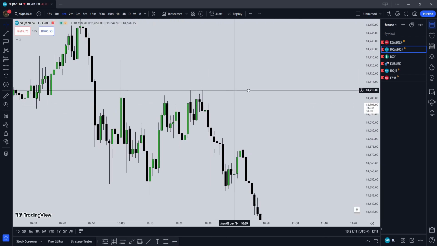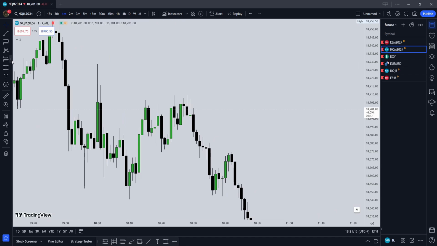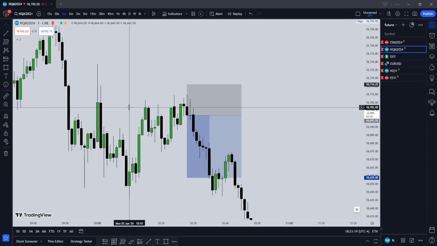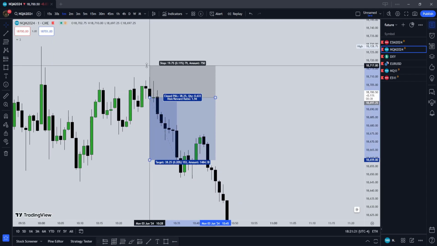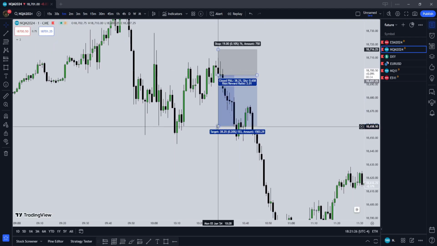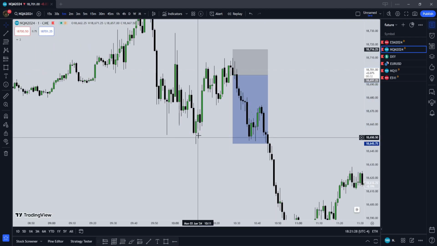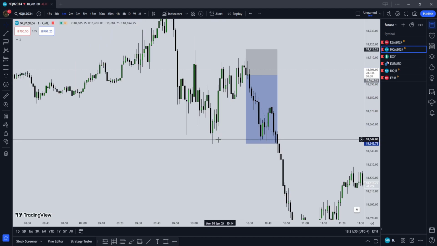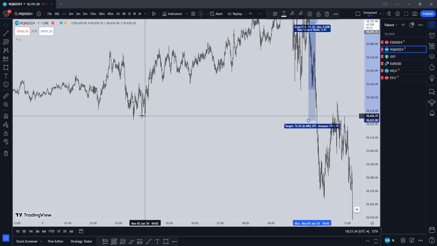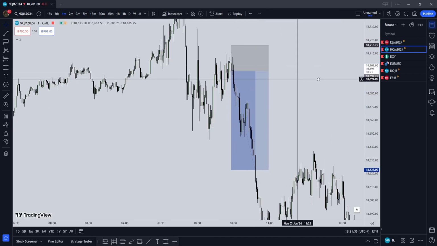In this case, if we entered off of the rejection of that zone, we would put our stop slightly above, like 20 points maybe. We don't even need that if the turtle soup is happening there. And we target the sell side. Not even this, the drawn liquidity could be lower, which was lower. You could have targeted these equal lows here, and that would be your target.